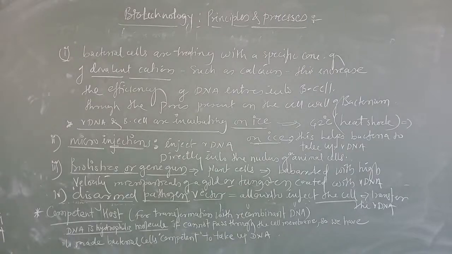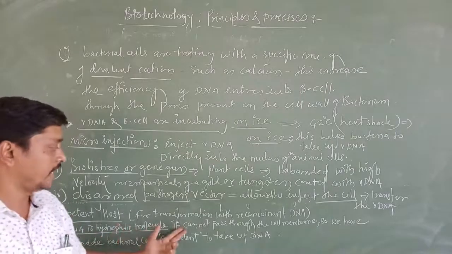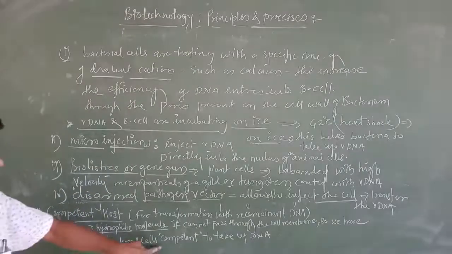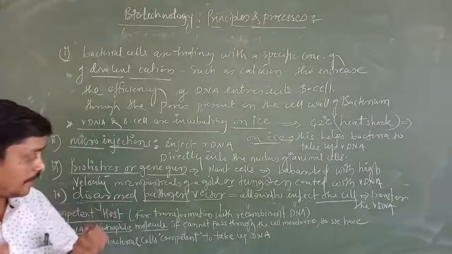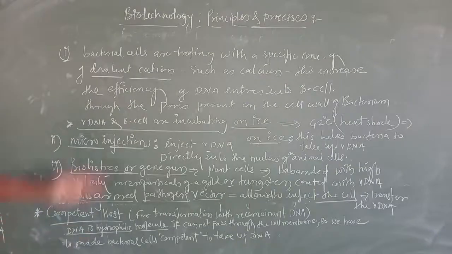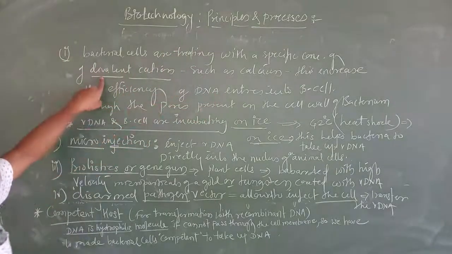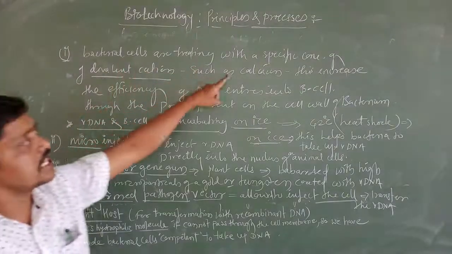Transformation with recombinant DNA: I told you DNA is a hydrophilic molecule. It cannot pass through the cell membrane, so we have to make the bacterial cell competent to take up the DNA. First we treat the bacterial cell with a specific concentration of a divalent cation such as calcium.